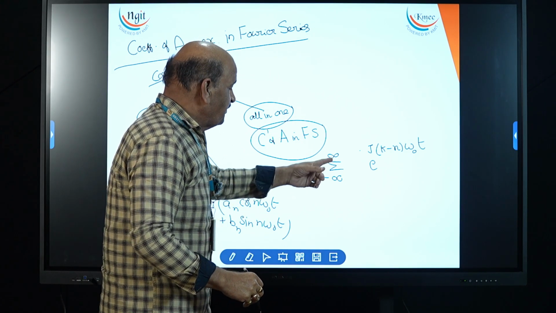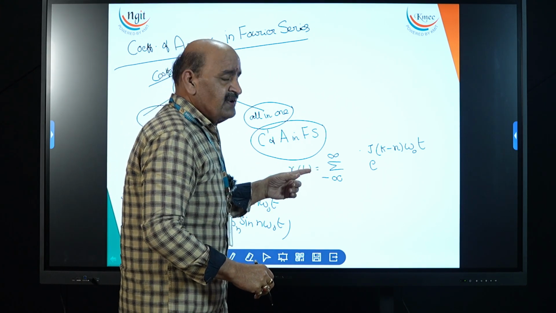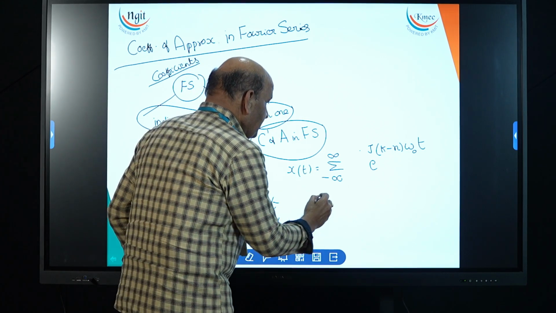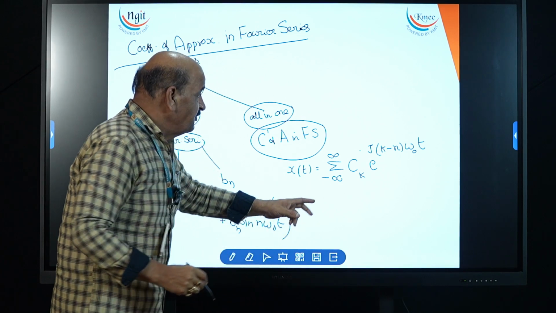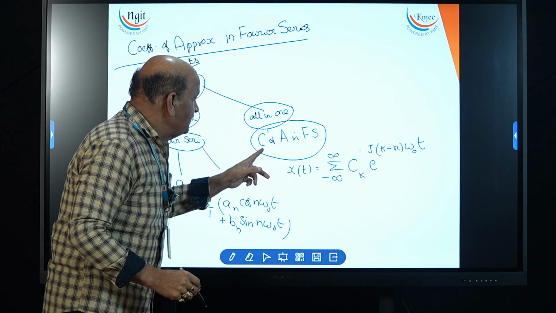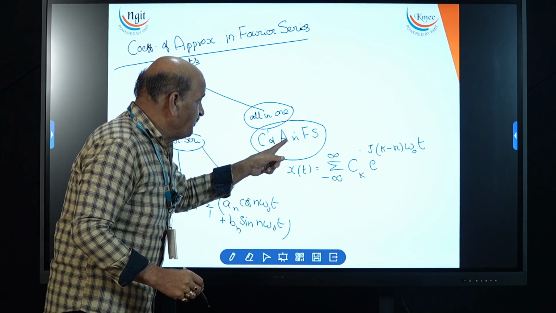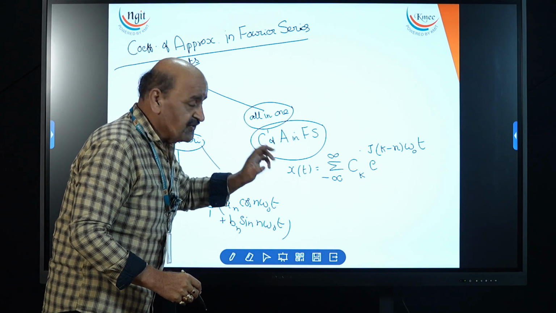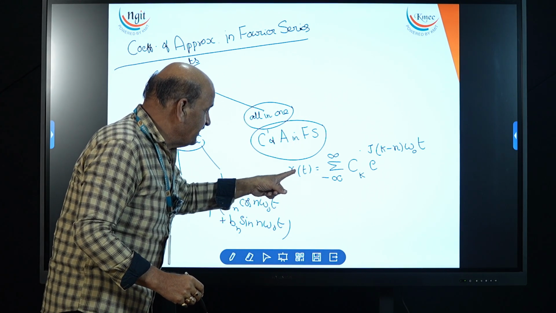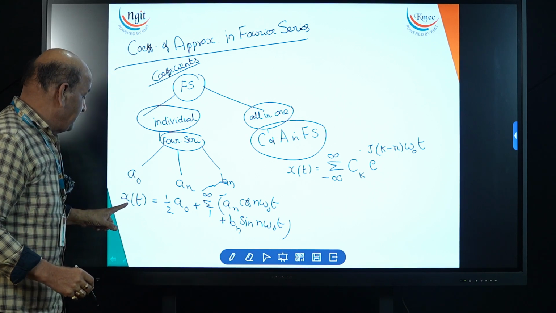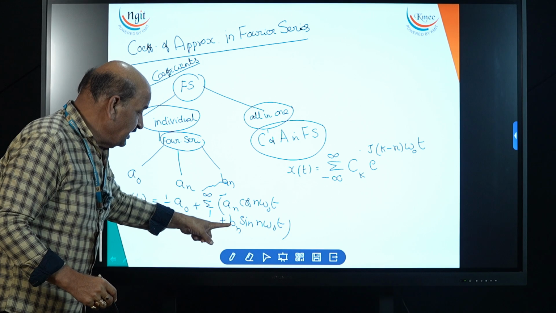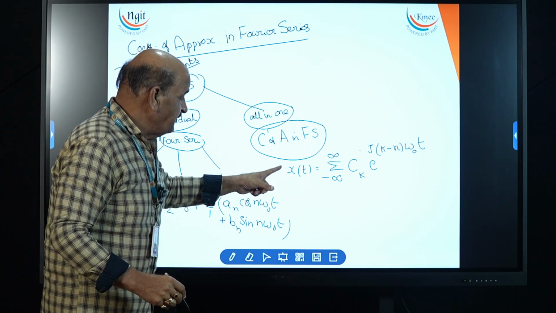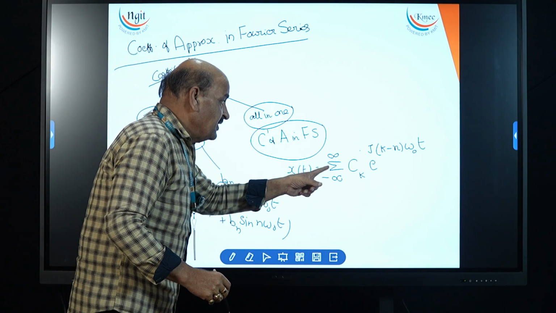X of t can be represented in this format, where C of k is some constant. This C of k constant is called coefficient of approximation in Fourier series. Now this is also a signal, x of t, which could be expressed in individual coefficients or in a single way.